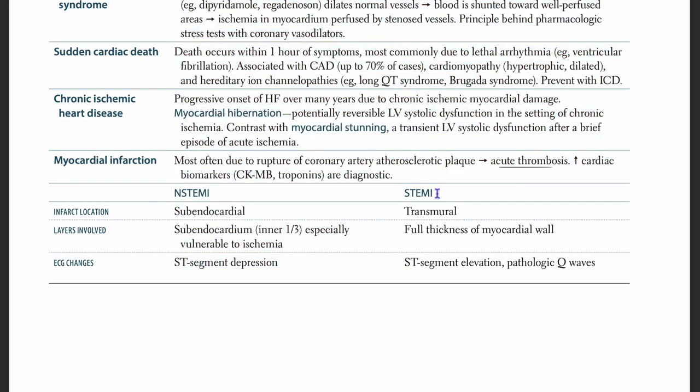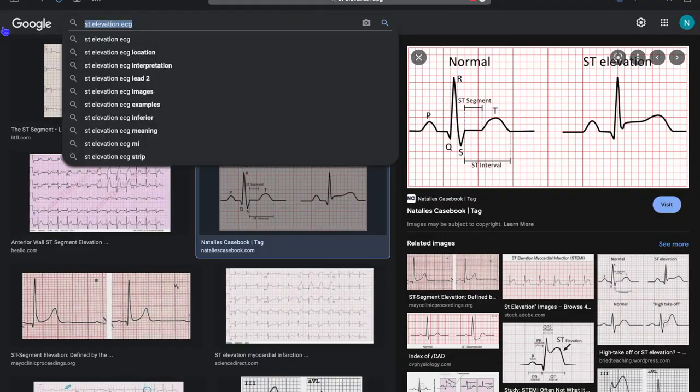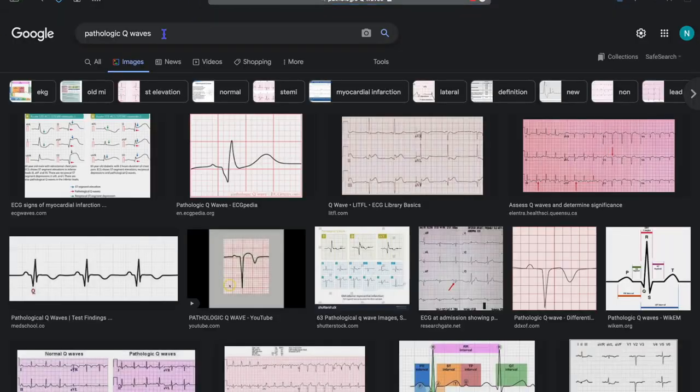Then you have transmural infarct location, all three layers. The layers involved are the full thickness of the myocardial wall. ECG changes are going to be ST segment elevation, and you're going to have pathologic Q waves. So this is what the pathologic Q wave looks like. Normally it's lower than the S, right?